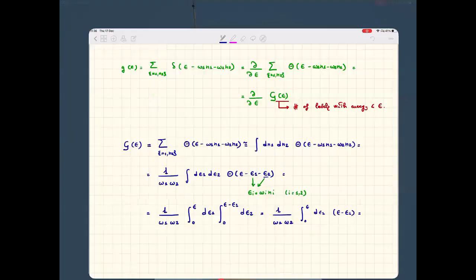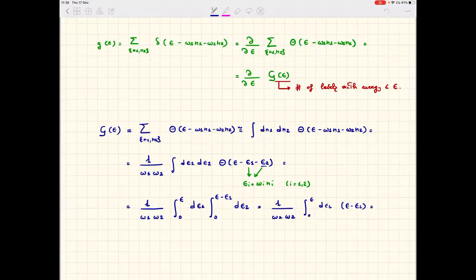Why there's no step function? Well, because here I have an integral between 0 and plus infinity of d epsilon 1 and d epsilon 2 of the step function. Now, you see that if I fix epsilon minus epsilon 1, if I fix this variable, then epsilon 2 can vary between 0 and epsilon minus epsilon 1.